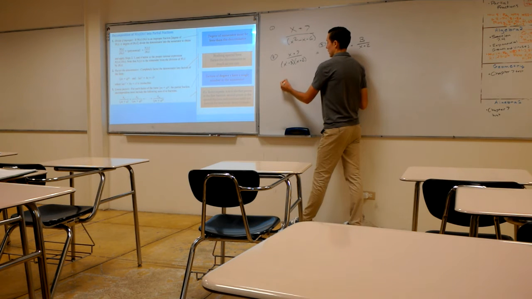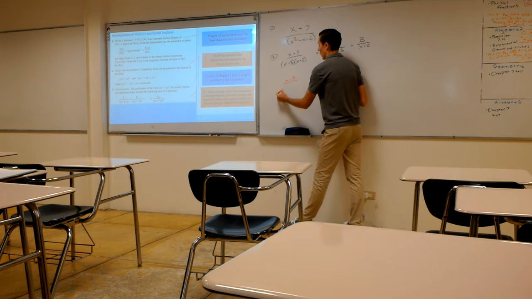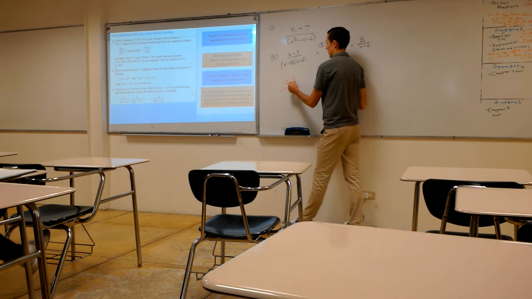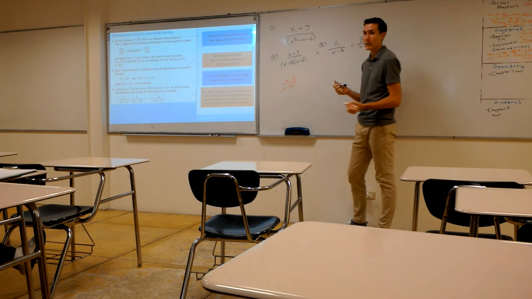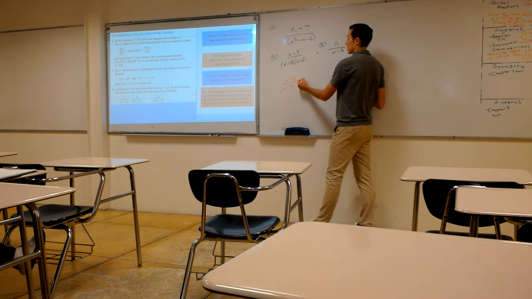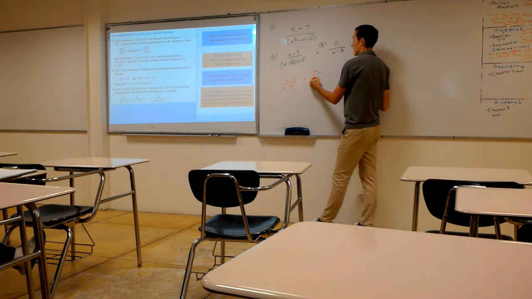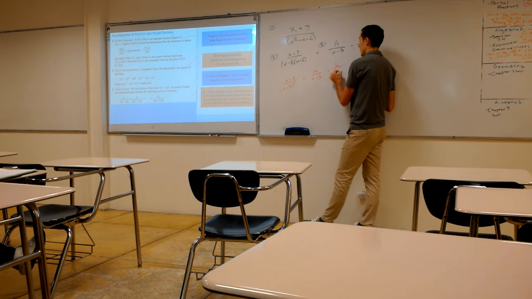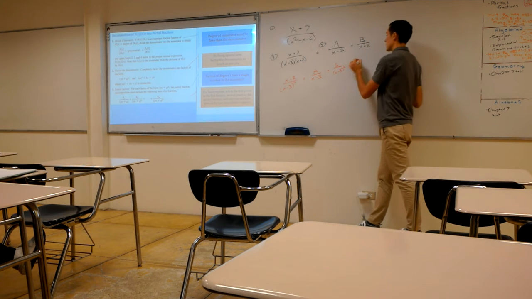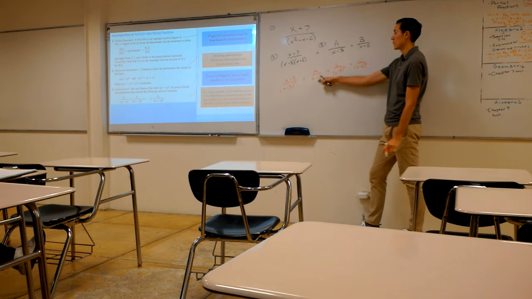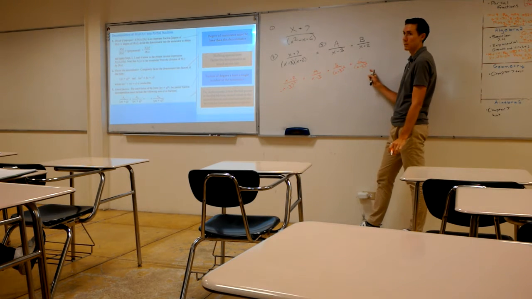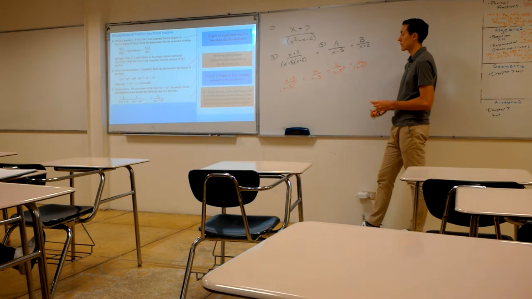If I have x plus 2 over x minus 3 to the third power, let's say something factored like that, then my partial fraction decomposition, that's the splitting apart, would be A over x minus 3 plus B over x minus 3 squared plus C over x minus 3 cubed. So this time when you repeat a factor, you go up in a power each time that you write it again. These are just rules that allow this process to work.